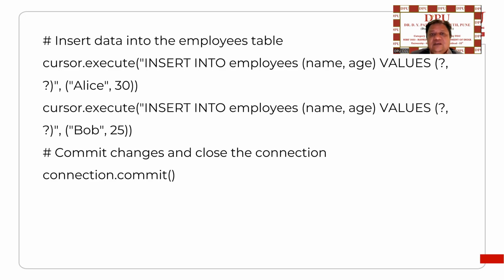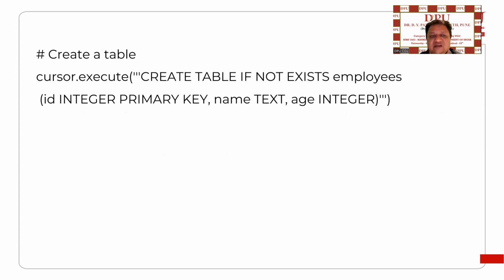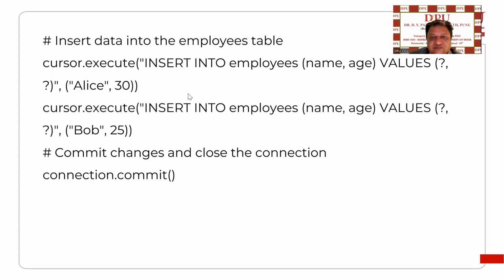INSERT INTO is the query name. With INSERT INTO, you need to specify the table name, and the columns for which you want to enter data. In this employees table, I have three columns: name, age, and ID.